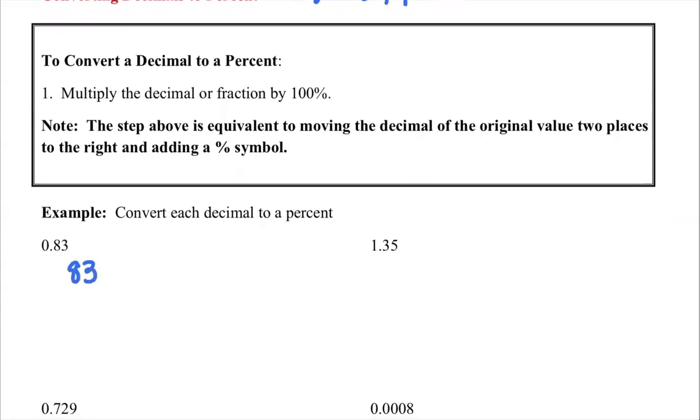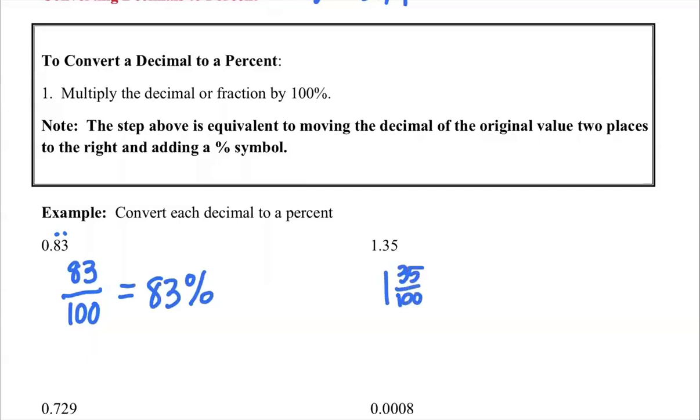0.83, if we read that, that's 83 hundredths. So that's 83 over 100, or the same thing as 83%. 1.35. That's 1 and 35 hundredths.